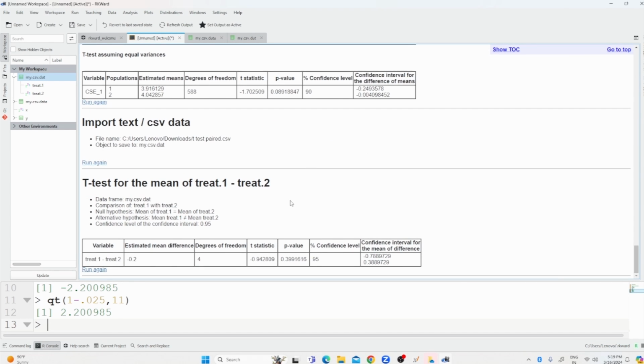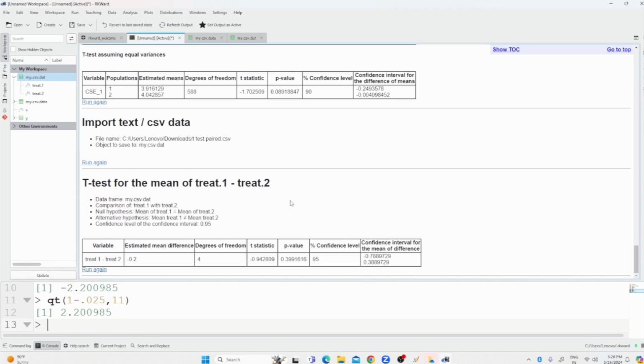See, here also again you see that 0 is contained, okay, hence they are not different, or the p value is more than 0.05, hence they are not different.